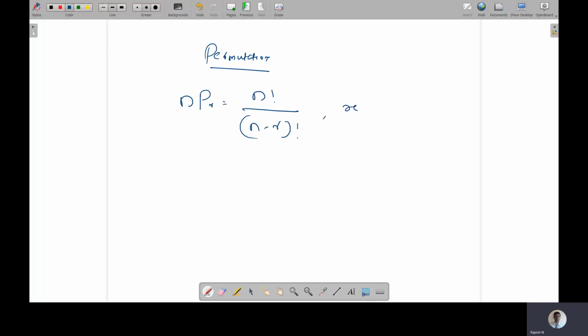Here repetition is not allowed. Otherwise, if repetition is allowed, then it is n raised to r.